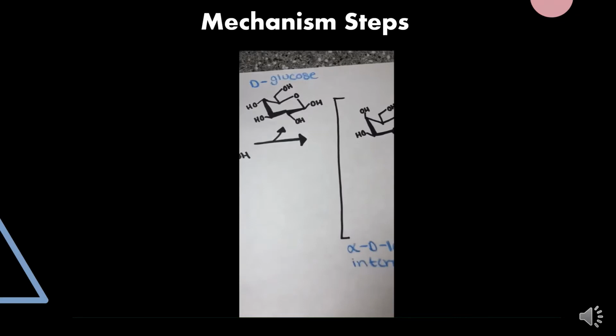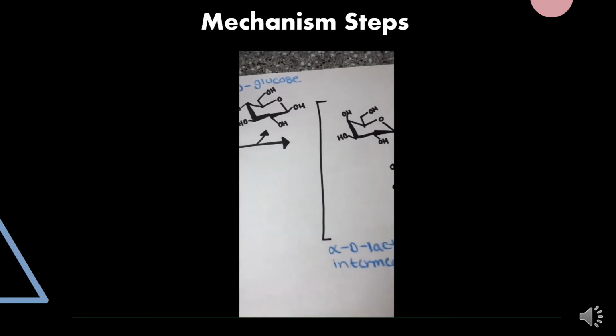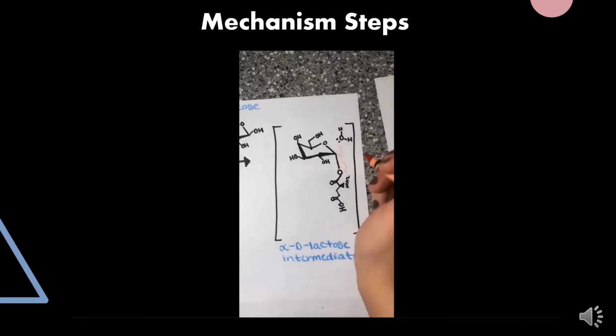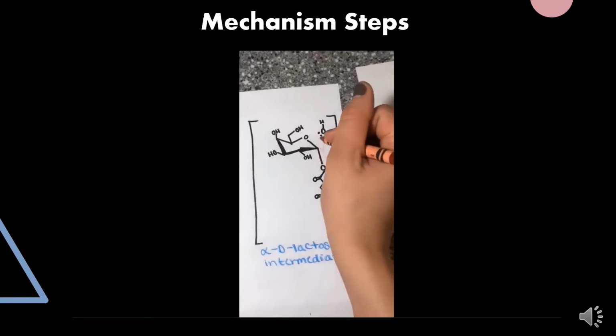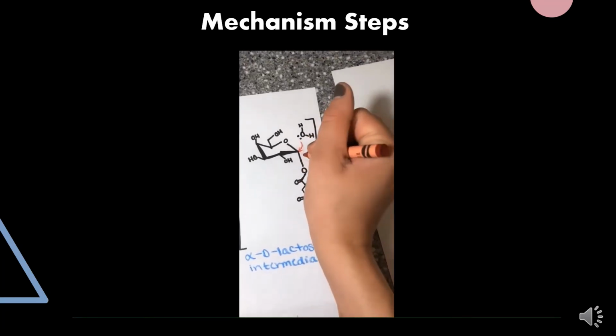This makes sense because there is magnesium found at the active site of the enzyme. Lactase is released from the alpha-D-lactose molecule by an equatorial nucleophilic attack from water. This nucleophilic attack produces the D-galactose.